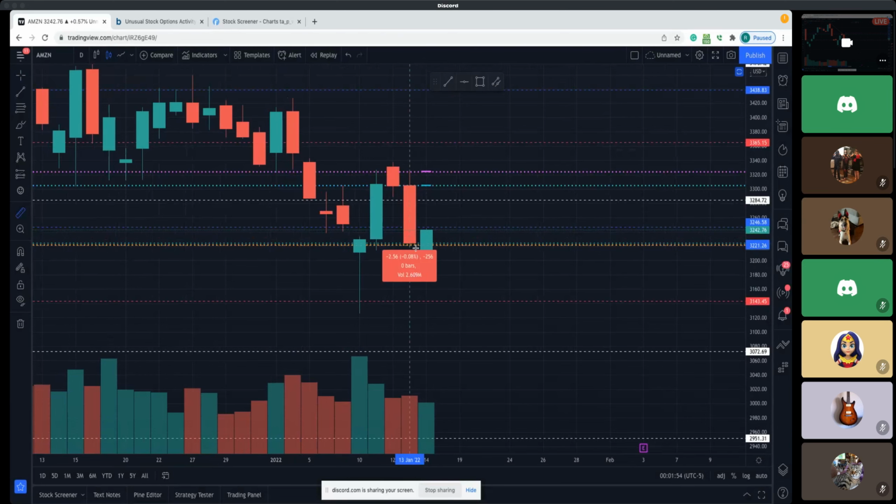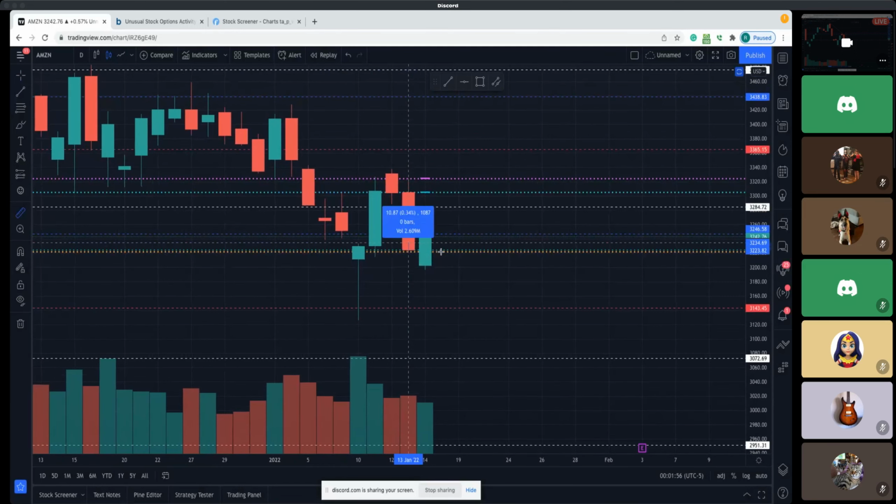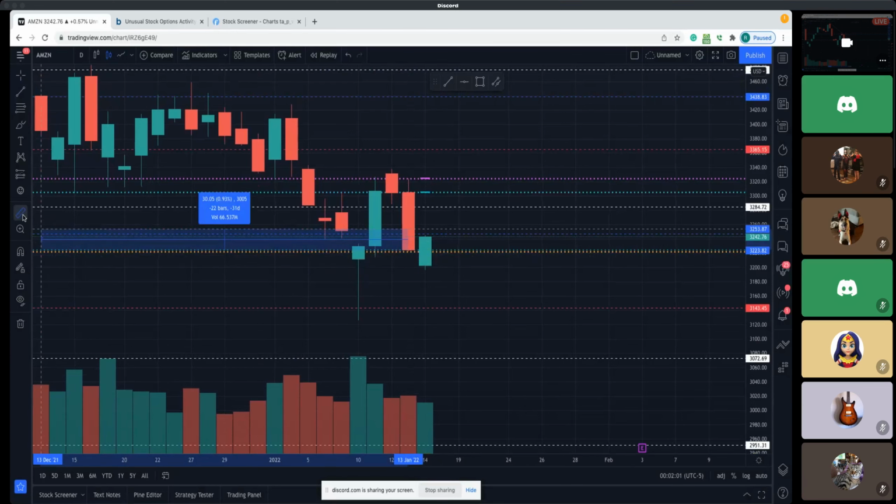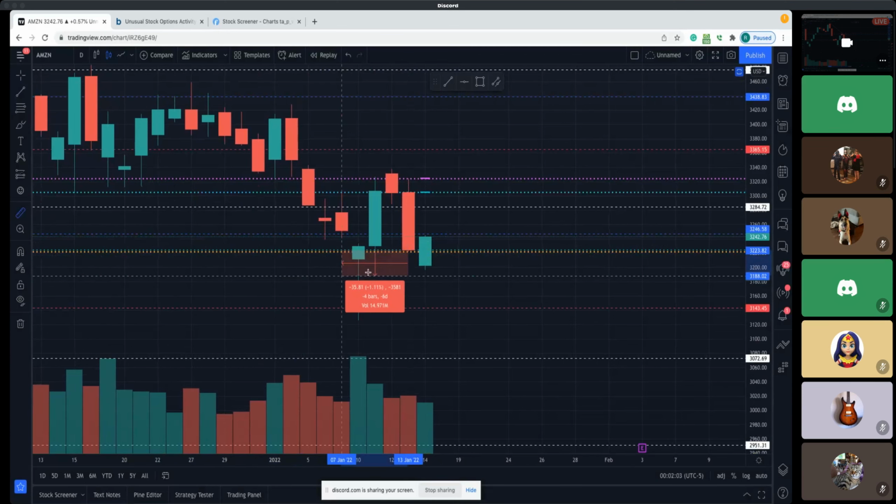I just want to see what kind of move there was after that break. The low of the Friday candle. Yeah, $30. That's huge on Amazon, dude. If you caught even half of that $15 move on Amazon contracts, good lord.